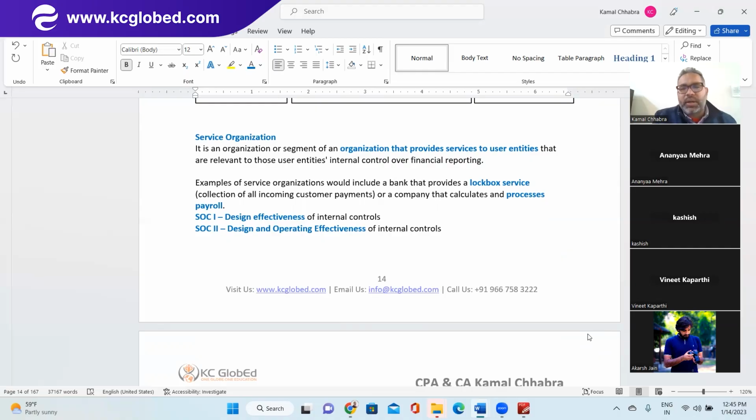Independent service provider organization. For example, let's say there are some companies who do payroll management. If you have heard about ADP or OnePay, Paycheck, these are big companies in the US who do payroll management services for many companies, right?